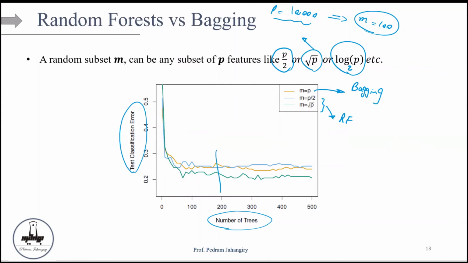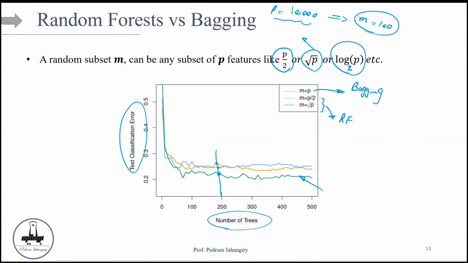So it seems that at this level of complexity, the random forest when M is equal to the square root of P is outperforming the random forest when M is equal to P over 2, and it's outperforming our bagging, right? Because remember, these are classification errors. The model with the smaller classification error is a better one, right?